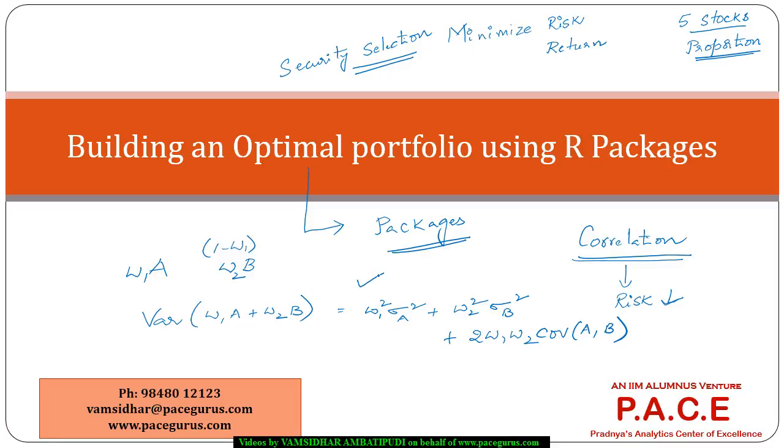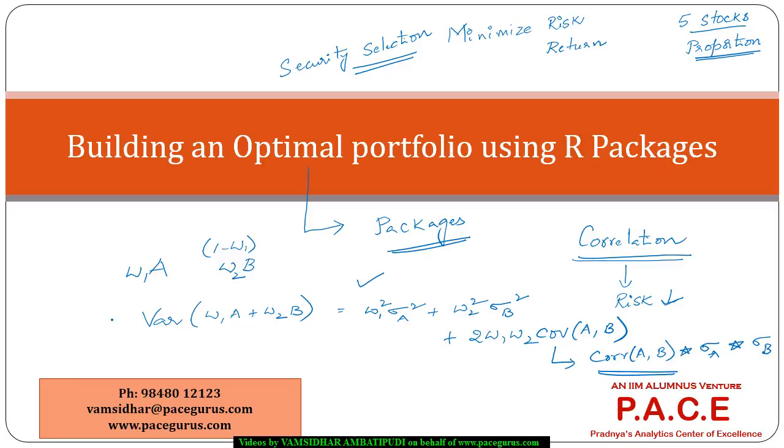The covariance in turn is based on correlation, because the covariance between A and B can be written as the correlation between A and B multiplied by the standard deviation of A multiplied by the standard deviation of B.